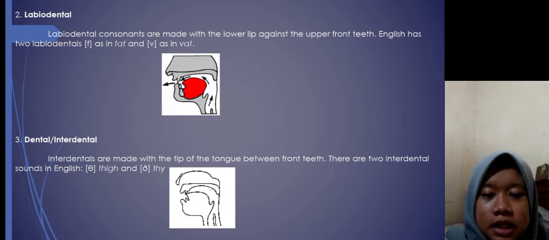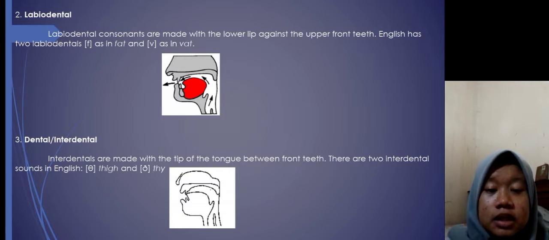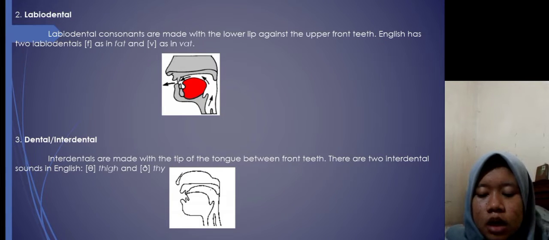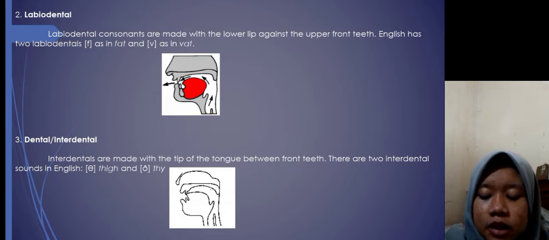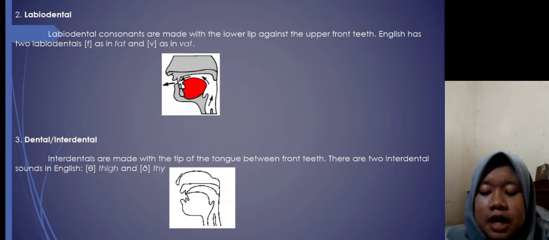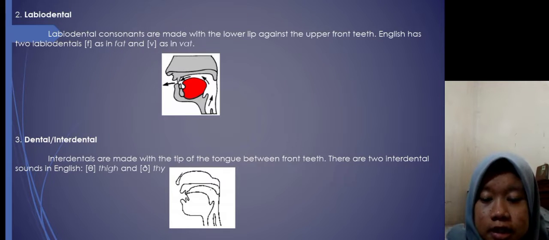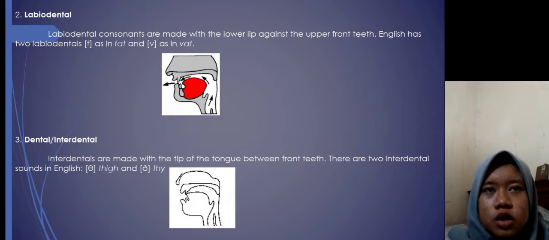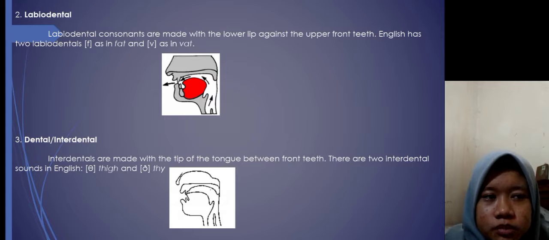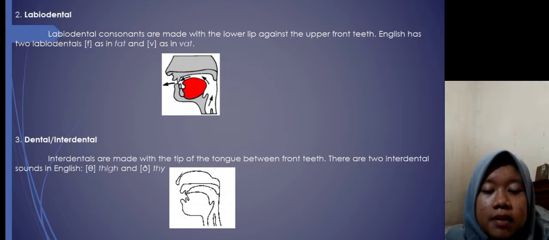And number three is interdental. Interdental consonants are made with the tip of the tongue between the front teeth. So this consonant can be articulated with the tip of the tongue touching the upper teeth.